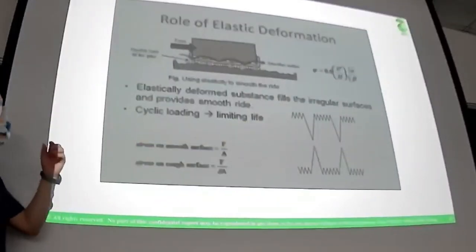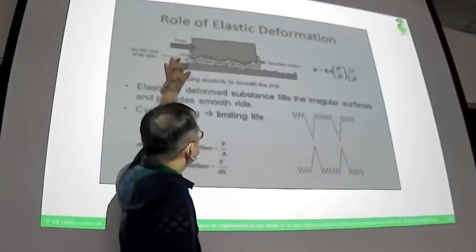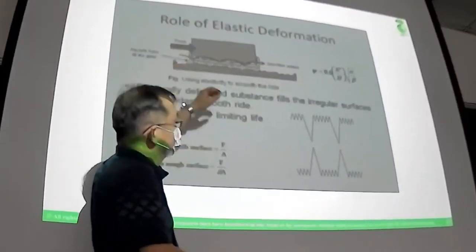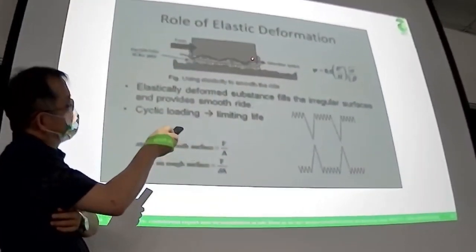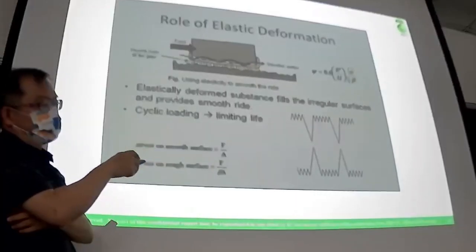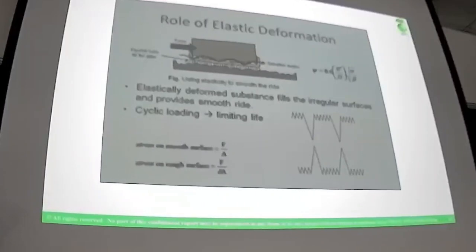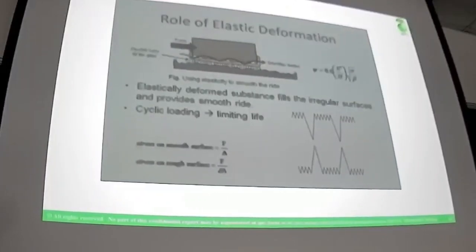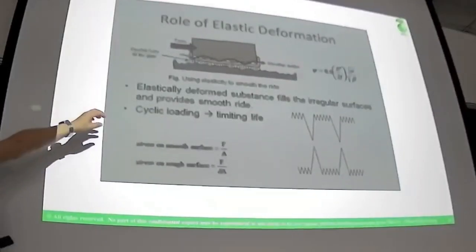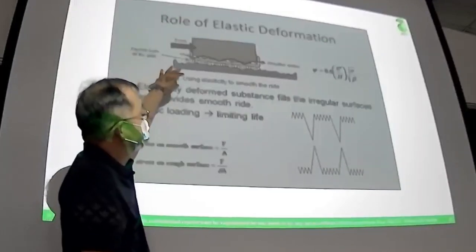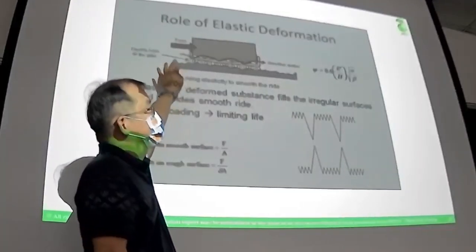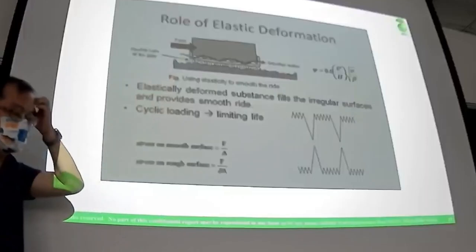This is a measurement of the film thickness between these two contacting surfaces. Okay. So it's a measure to know how thick the film is for your lubricant, especially for the oil lubricant.